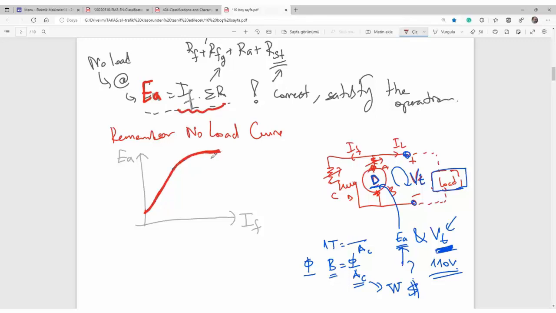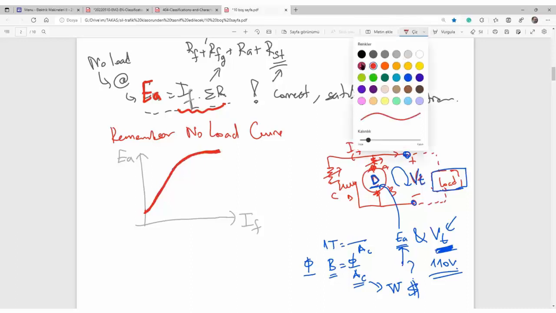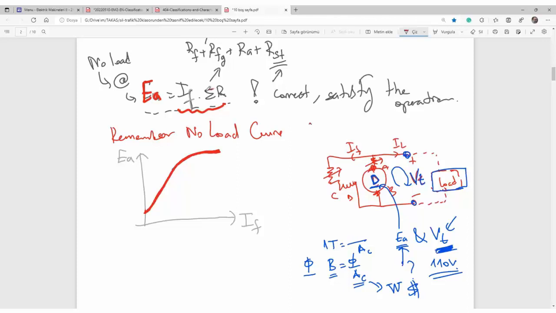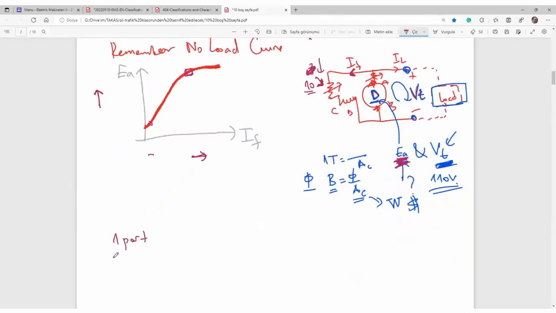Yes, field current times total resistance must be on this reasonable EMF. Remember one-port systems. Here is a simple one-port system, having only one port. I don't know what is inside the system, but we know that we apply some voltage across the terminals, let's say 1 and 2, and here would be some current.